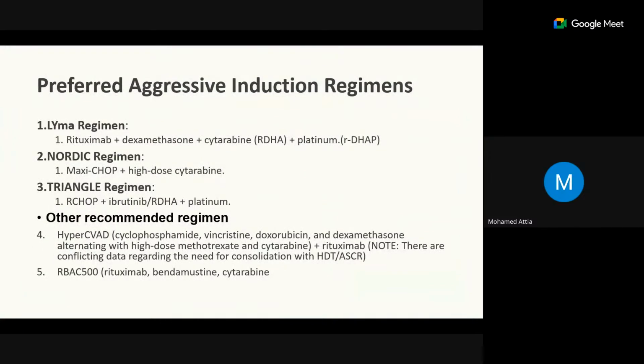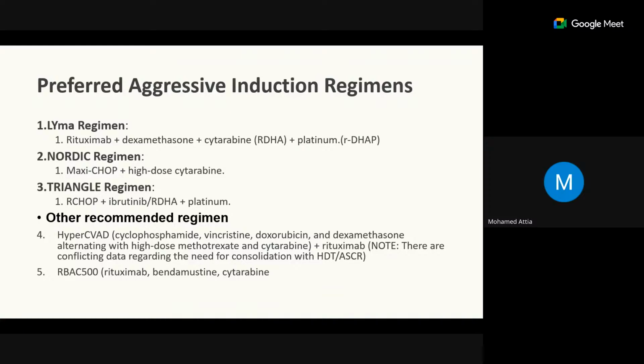Strong chemotherapy like rituximab, dexamethasone, cytarabine, plus platinum. The very famous protocol, RDHAP. This is a very old protocol. We used it many years ago when I was a fresh graduate just starting my residency. We used this RDHAP, but it is very toxic to give.